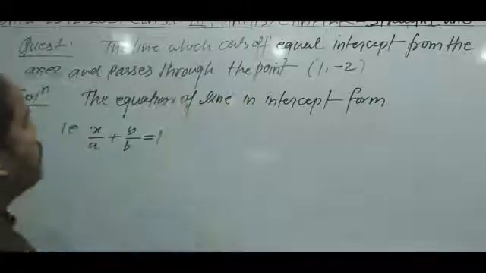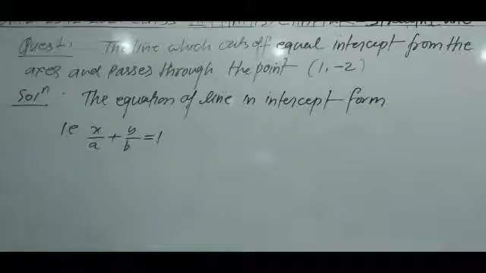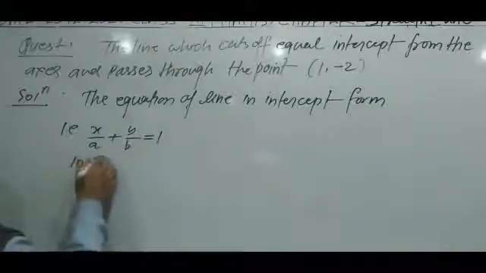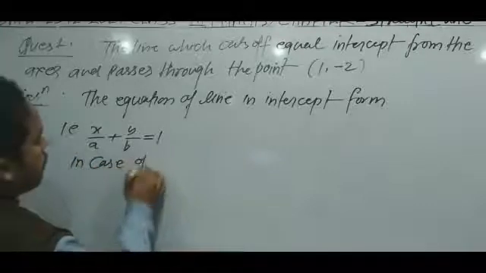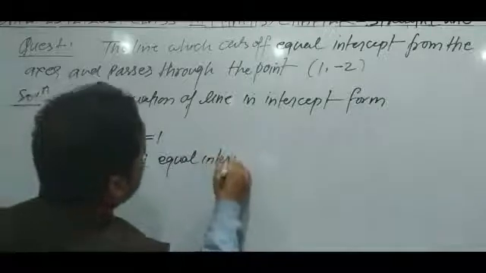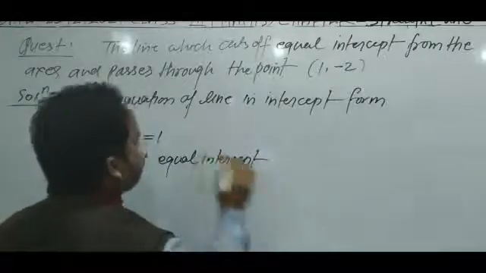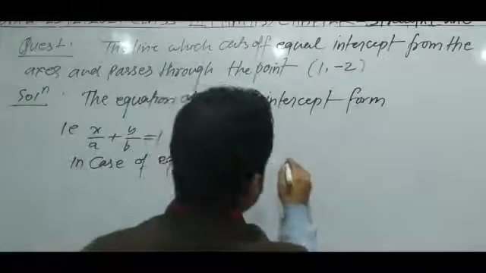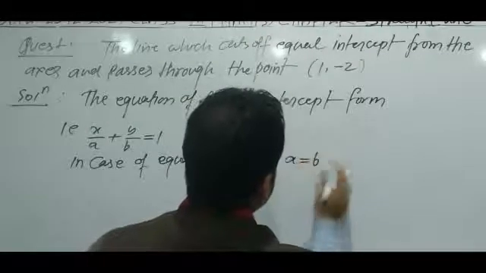Since the line cuts off equal intercepts, in case of equal intercept, a is equal to b.